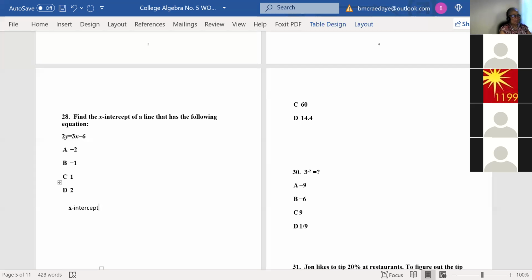I think that's how we do it. So y equals 3 over 2x minus 3. So what's the x-intercept? The y-intercept would be minus 3. No, the x-intercept.